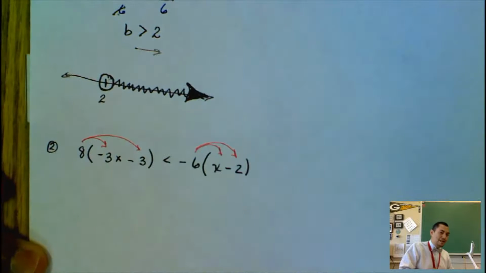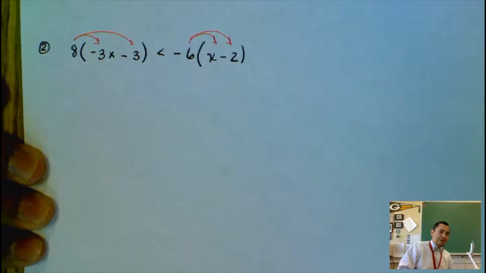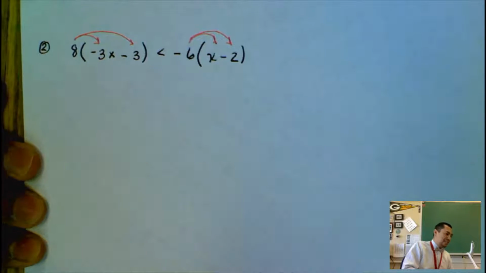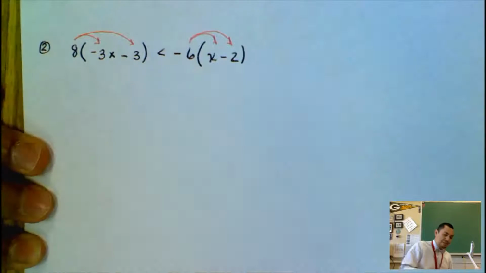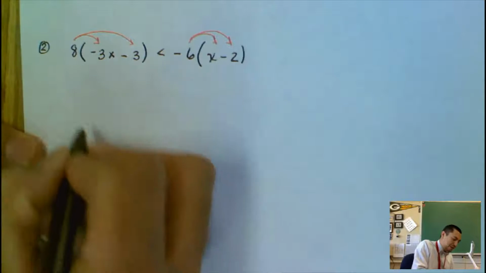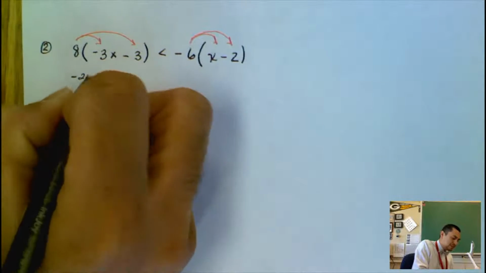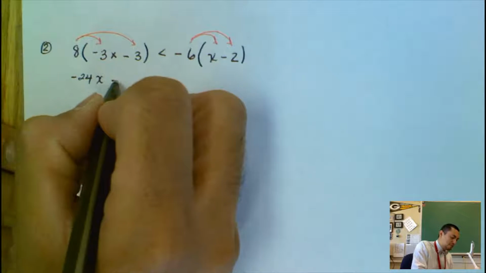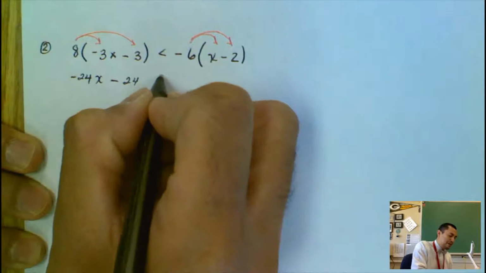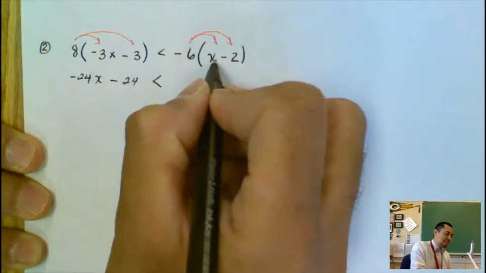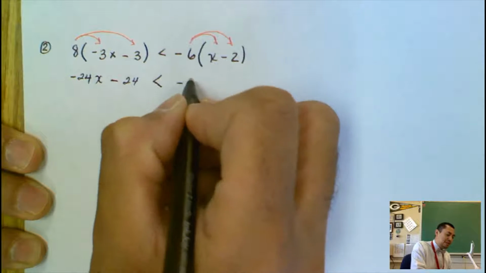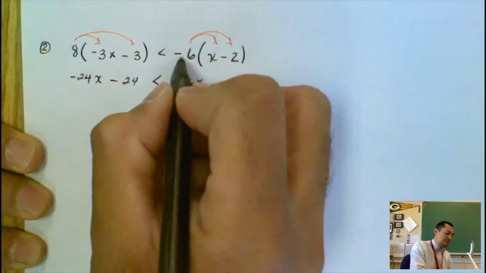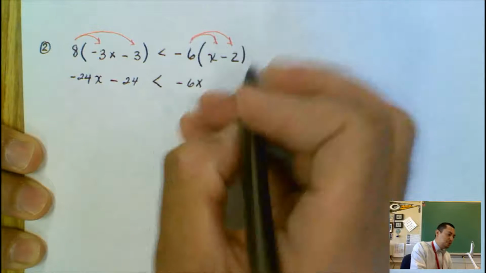So what we have, let me move this one here. What we have in this case is 8 times -3 is equal to -24x. 8 times -3 is equal to -24, again, less than -6 times x is equal to -6x, and -6 times -2 is equal to positive.